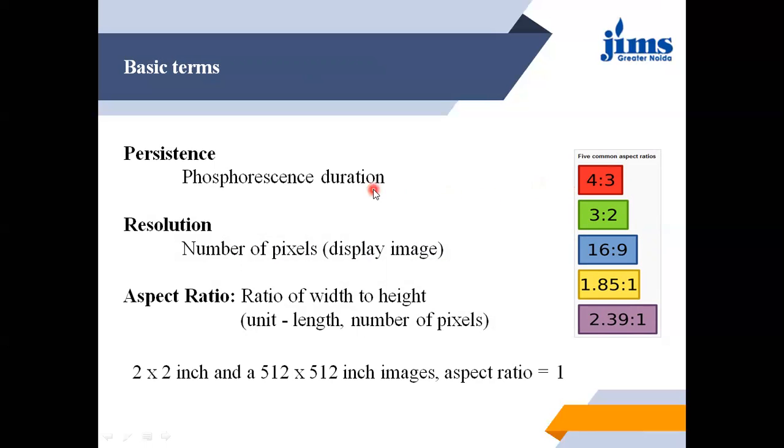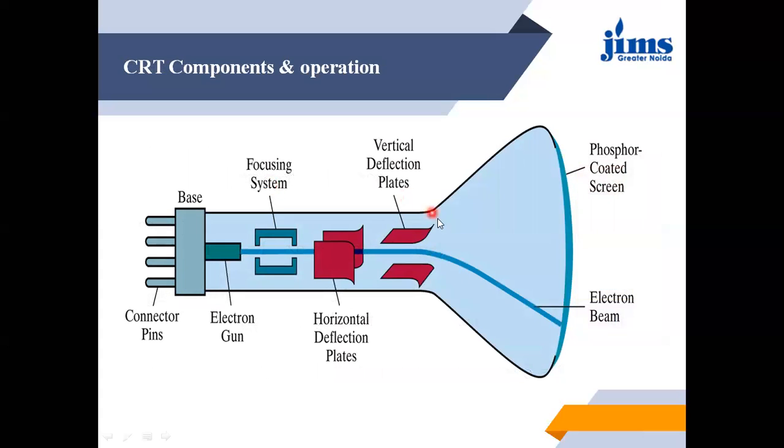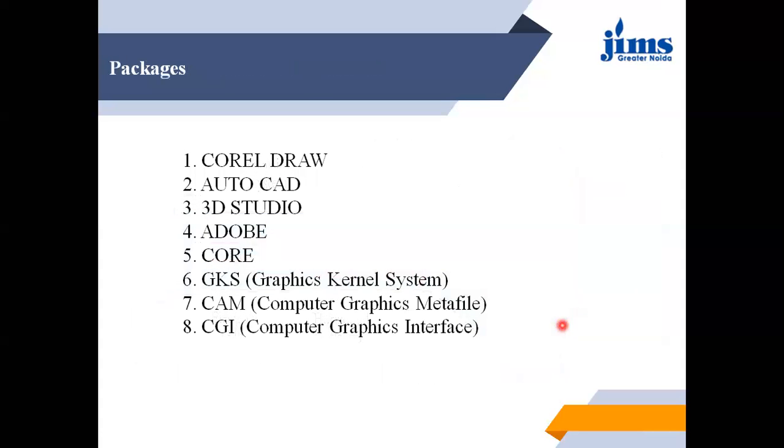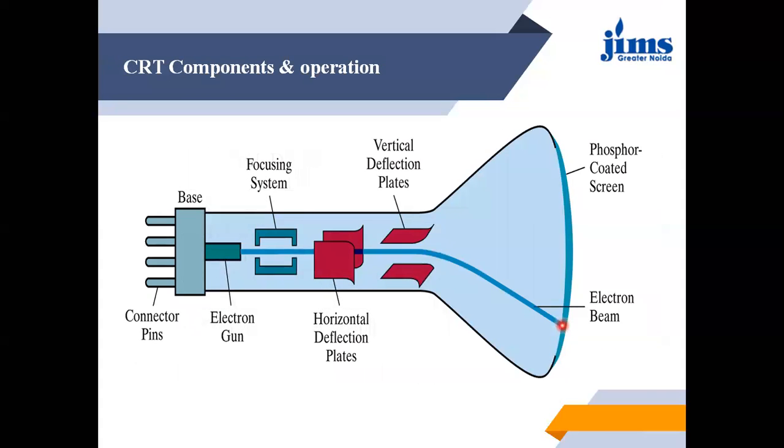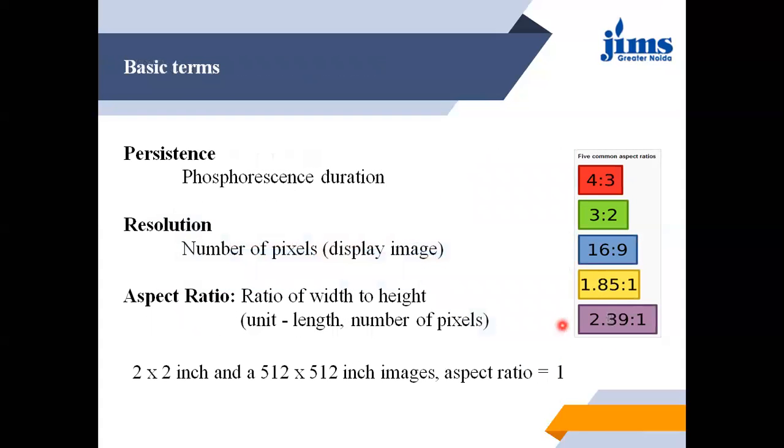Persistence means whenever a beam strikes the phosphorus, for how much duration that pixel is going to glow. So it is the duration of the glowing of the pixel after penetration of the beam.